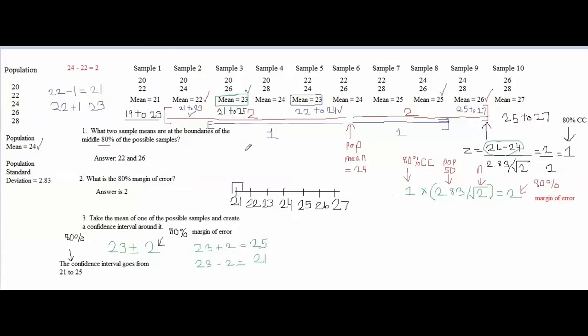We have one sample with a mean of 22. We have two samples with a mean of 23. We have two samples with a mean of 24. So that's two boxes. 25 is also two.